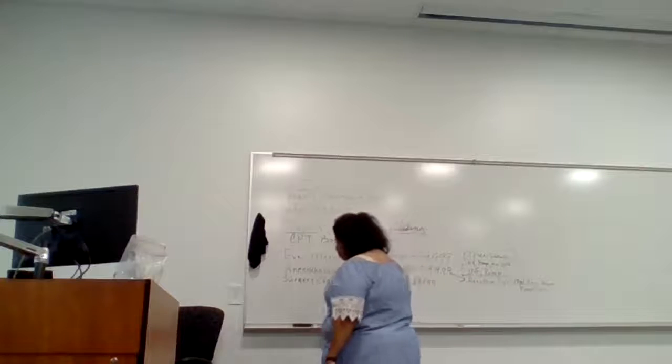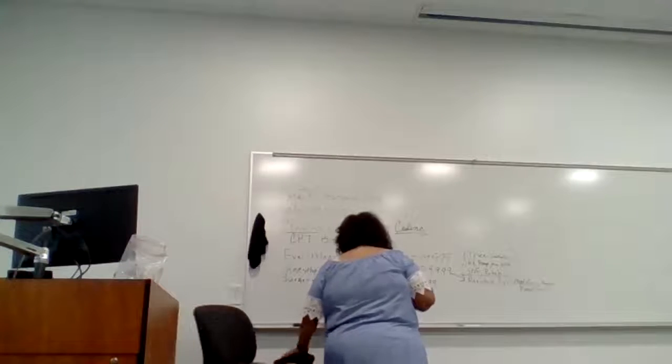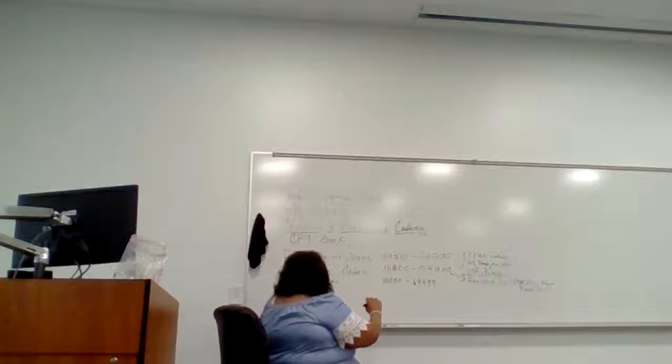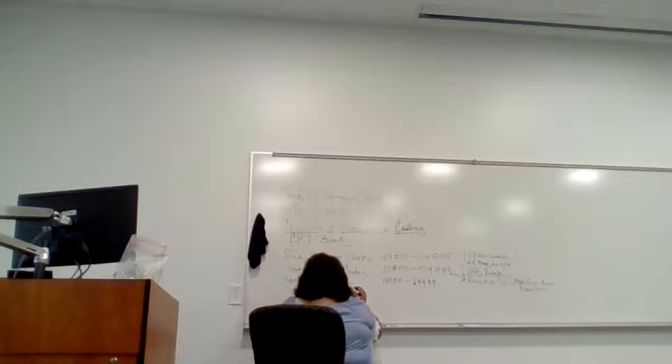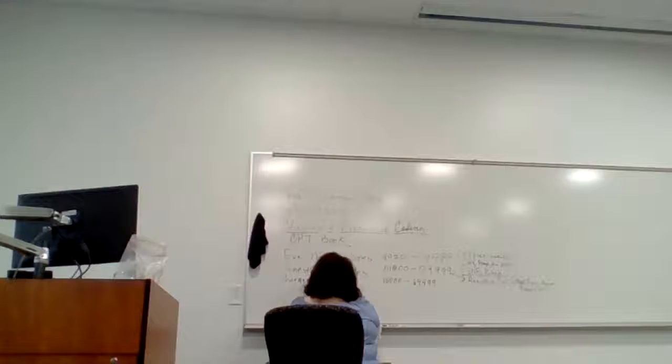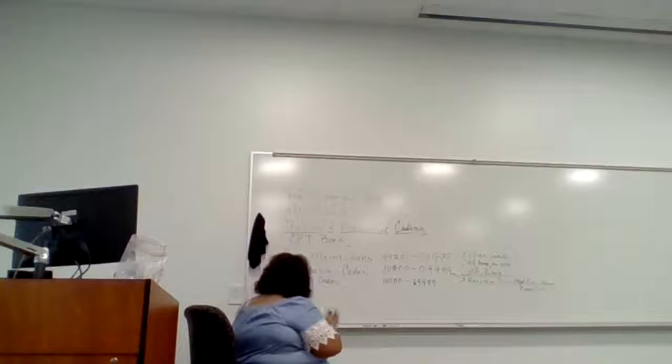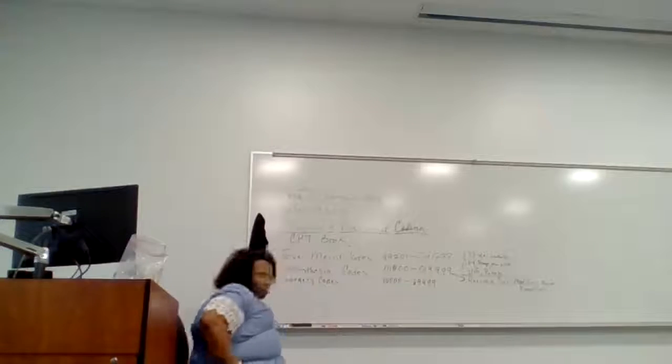Now, this is where the subcategories go. There's a proper category. Let me Google it so I can be correct about it. I don't want to just put anything up here.